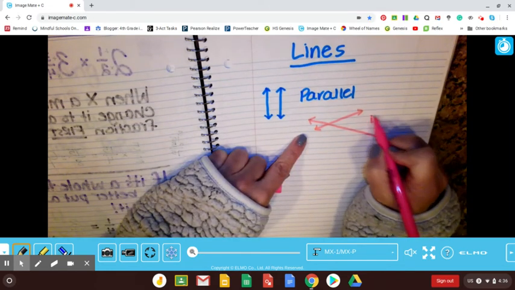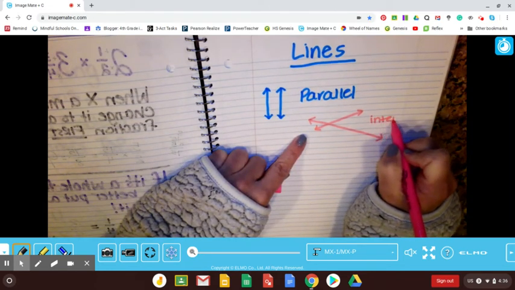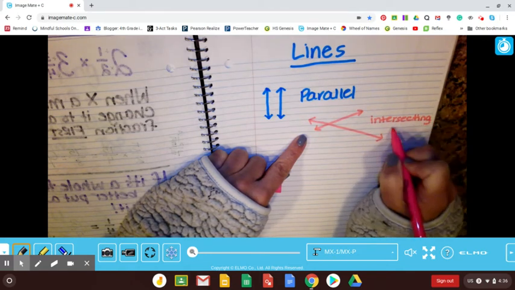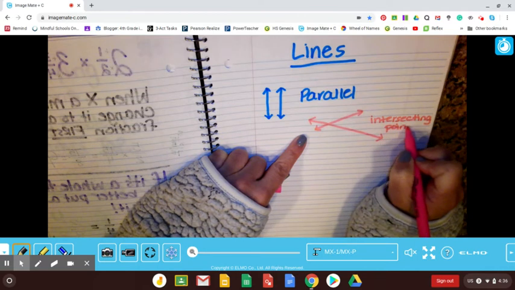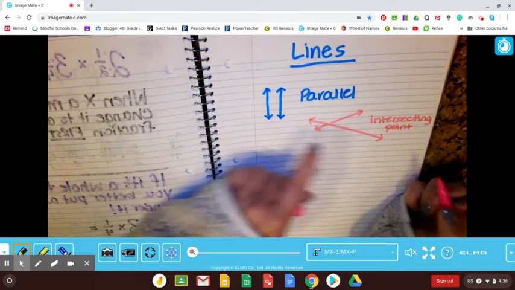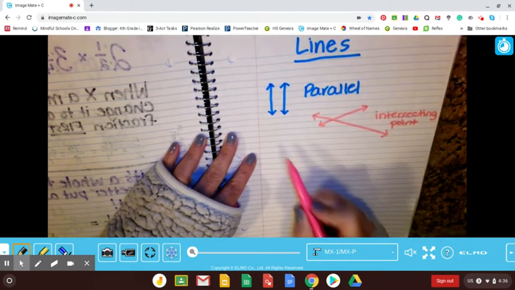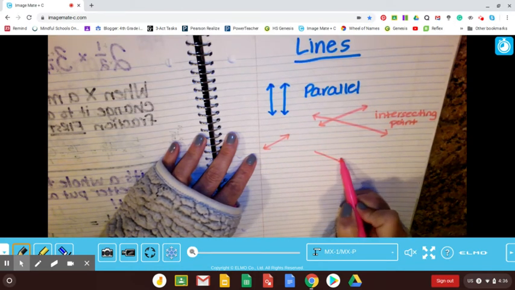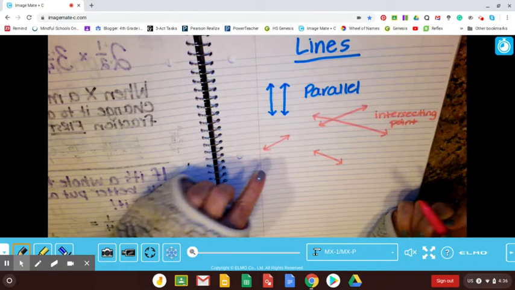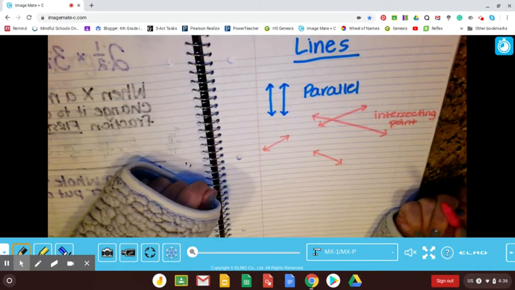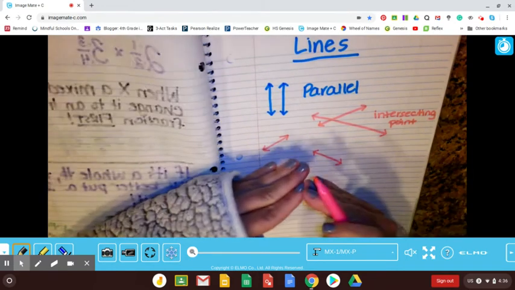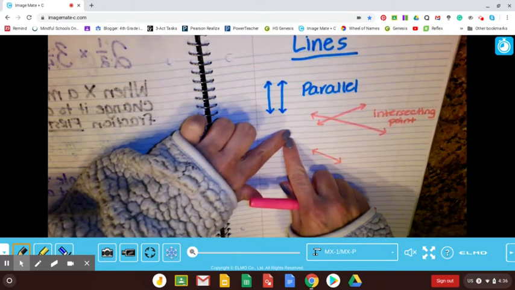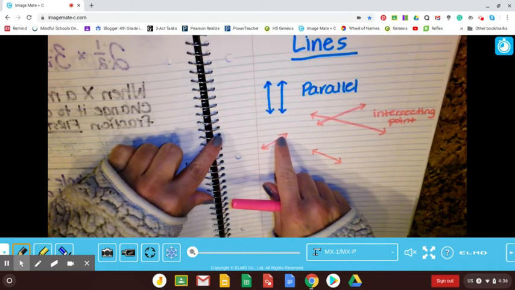And intersecting lines can cross over each other at any point, anywhere on that line. So if I had two lines like these, they are not intersecting yet, but will they be? Because we know that lines go on and on and on forever. So yes, eventually they would intersect, probably right about here would be our point.